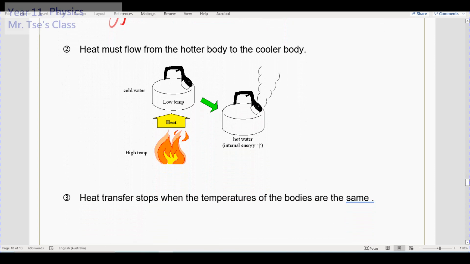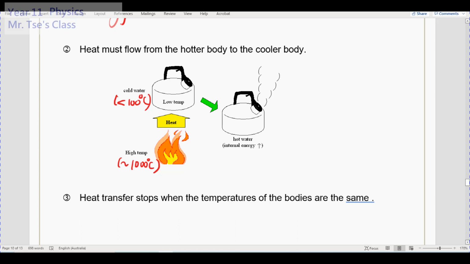For example, if you have fire, it is around 1000 degrees. Cold water is below 100 degrees. So the fire is much hotter than cold water, and you can use fire to heat up the cold water.